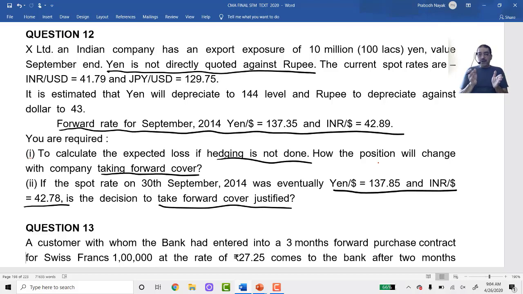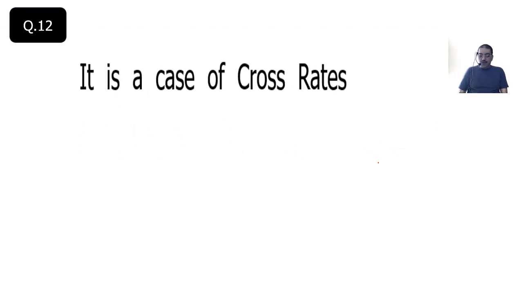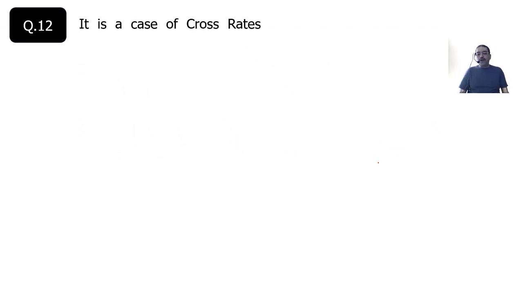If one was ending in dollar and the other was starting in dollar, I would have taken multiplication of the two. Now I will not take direct multiplication. I will take first into reciprocal of second. So let us see how to solve. Write down first: it is a case of cross rates.